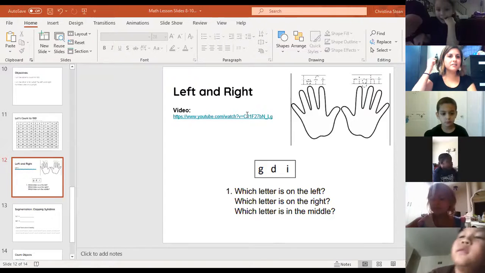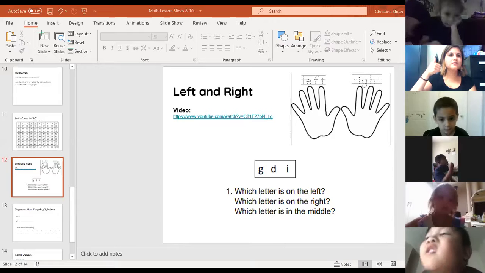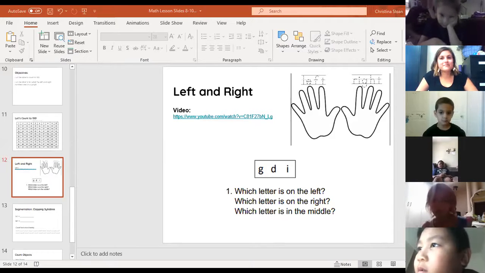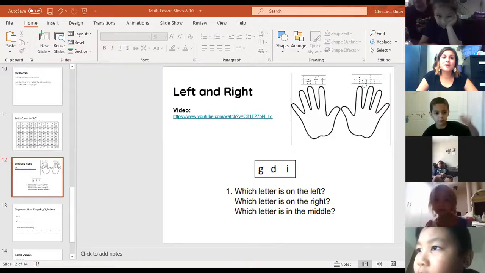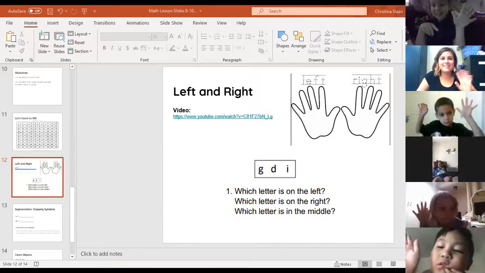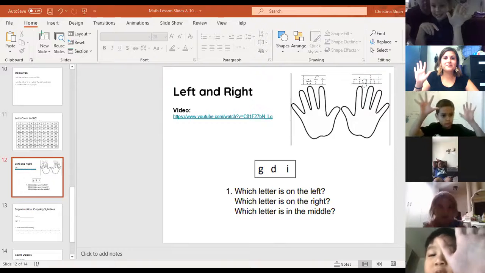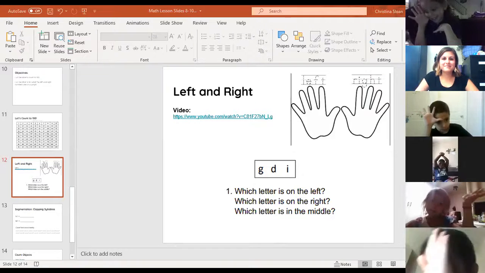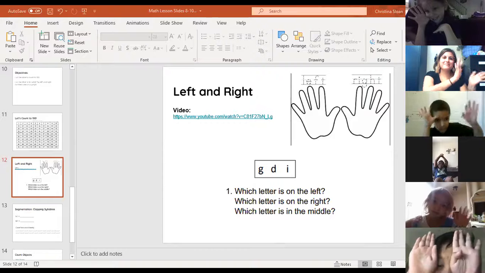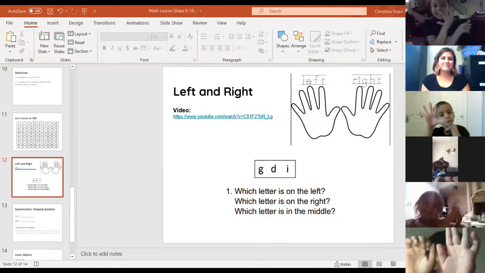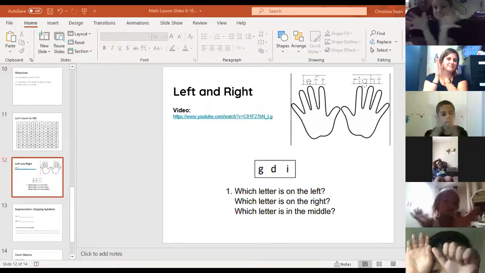Can everybody hear it? Boys and girls, let's see if you can follow along as we sing the left and right song. Hold up your left hand and wave it in the air. Hold up your right hand and wave it in the air. Wave them both to the left. Wave them both to the right. Now clap your hands.